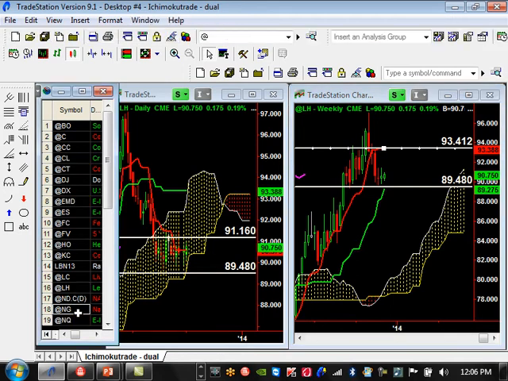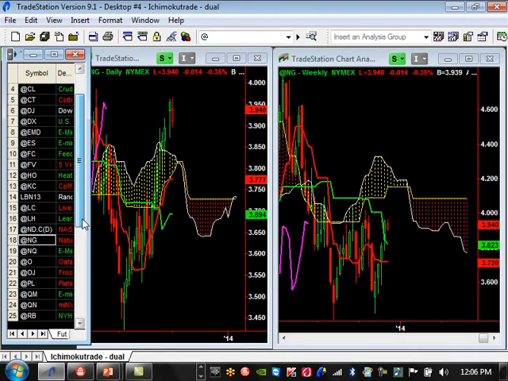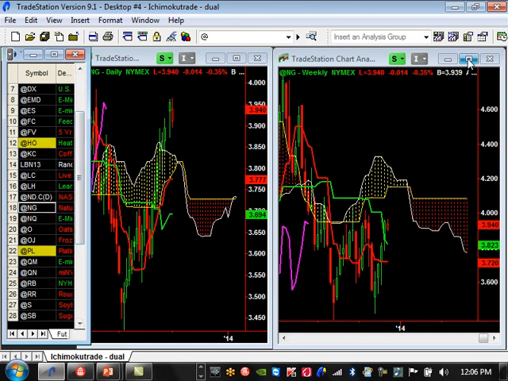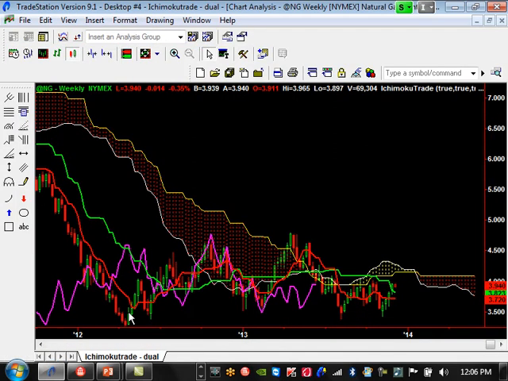Natural gas, if you look at natural gas, doing nothing but consolidating here. It's been consolidating since, I would say, Q1 of 2012. It bounced off the bottom of the consolidation pattern, which is roughly about here, 3.45.